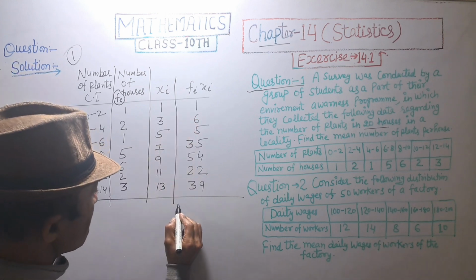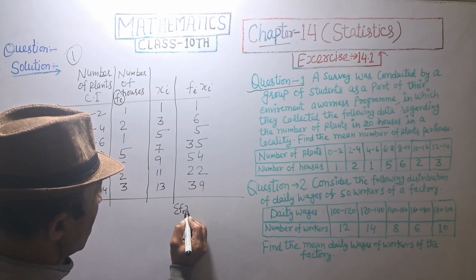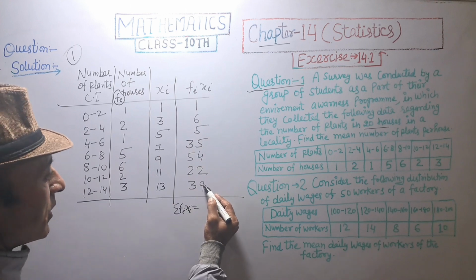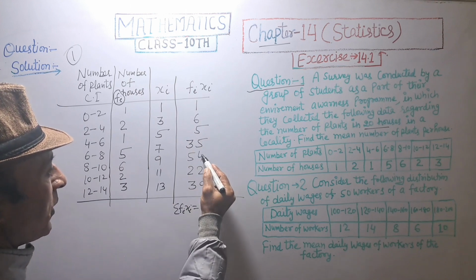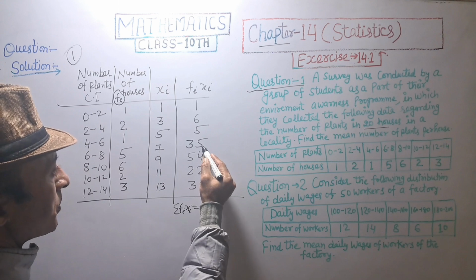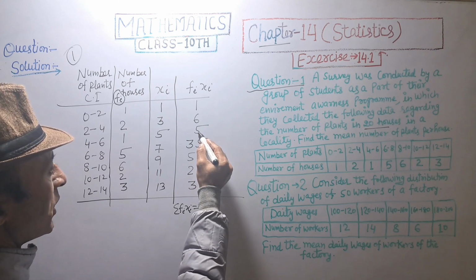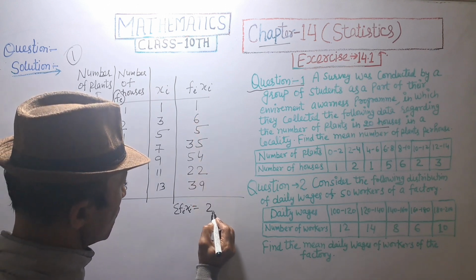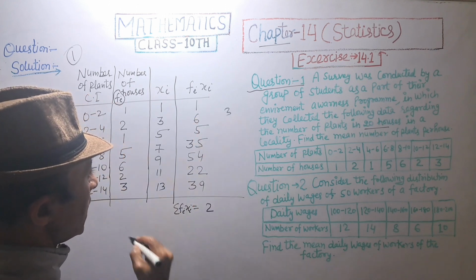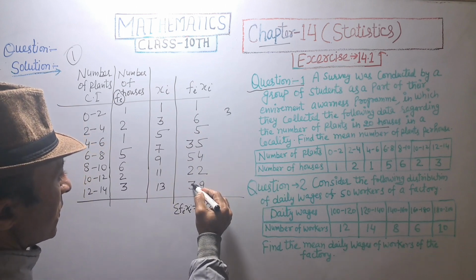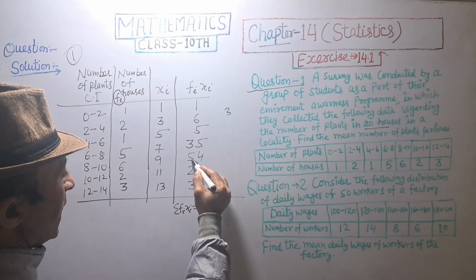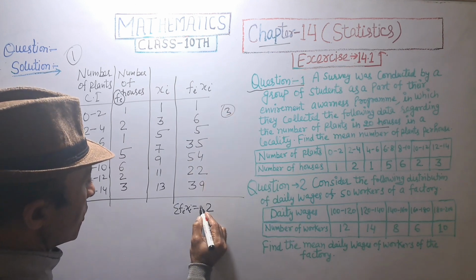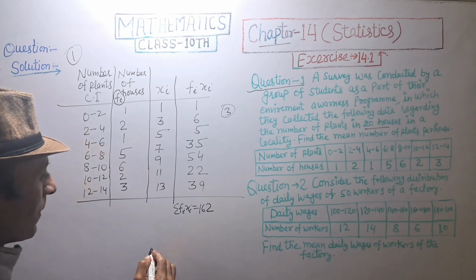And summation Fi Xi is equal to 9 plus 2 is 11, plus 4 is 15, plus 5 is 20, plus 5 is 25, plus 6 is 31, plus 1 is 32, 2 3 carry, 3 plus 2 is 5, plus 5 is 10, plus 3 is 13, plus 3 is 16, so 162.